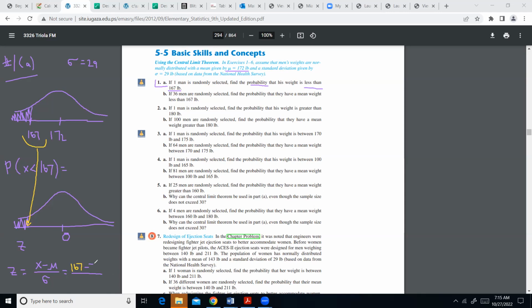They're 172, and in the denominator, we have 29. Okay. So the numerator needs parentheses, always like that. So let me have parentheses here with the numerator.